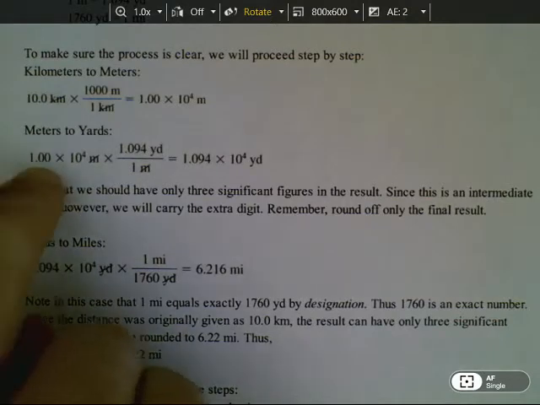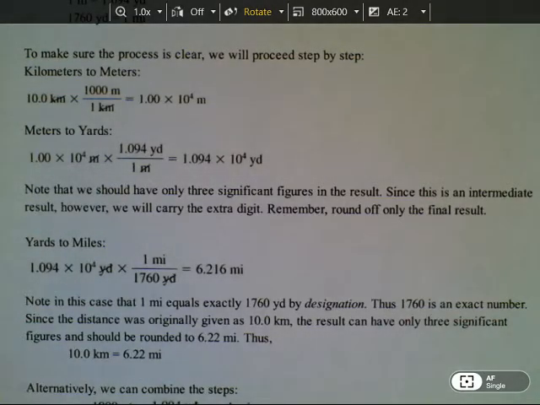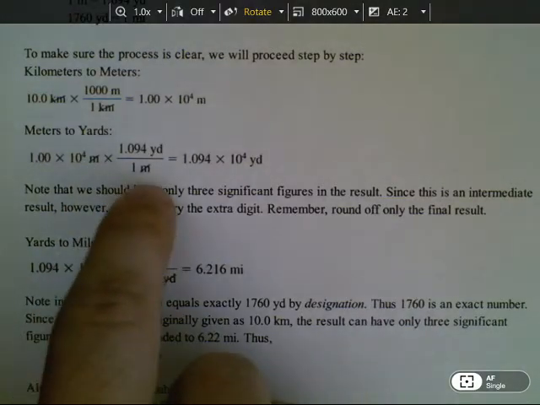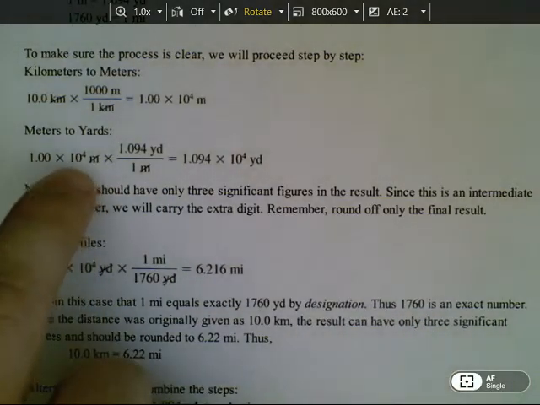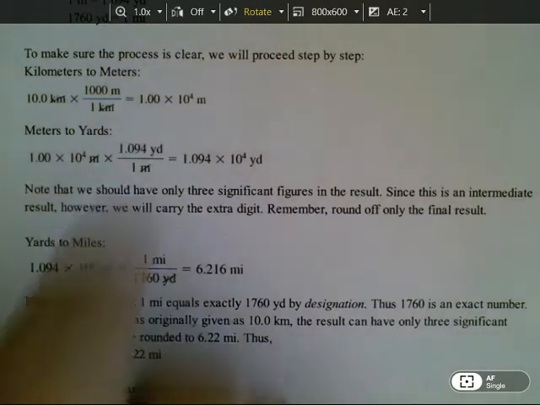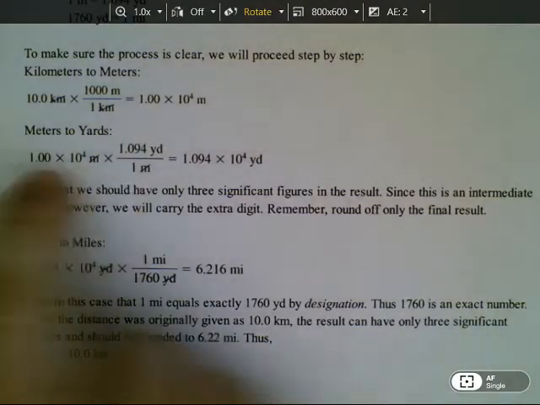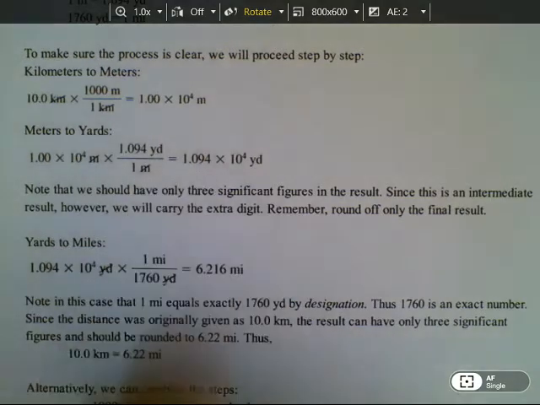My next equivalent statement is going to put my meters on the denominator, again, because I want to get out of meters and go into yards. Yards on the numerator. Carry out that multiplication. I end up with 1.094 times 10 to the 4th yards.